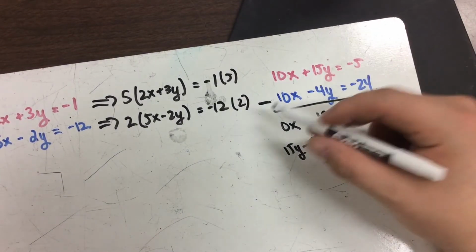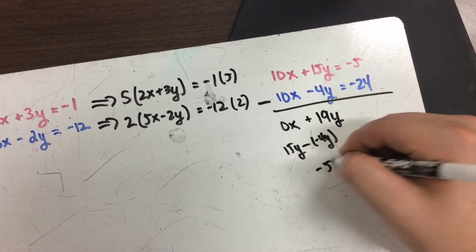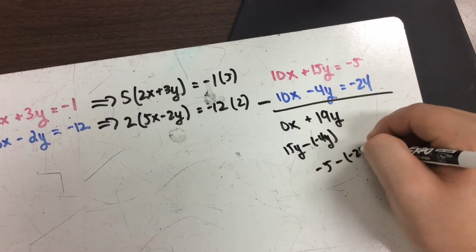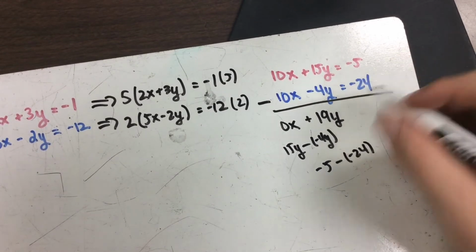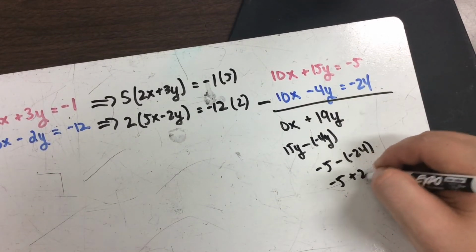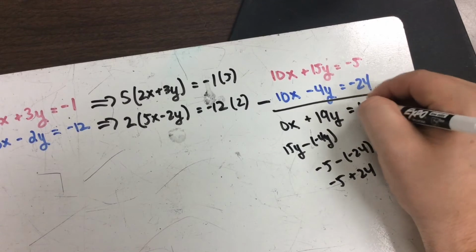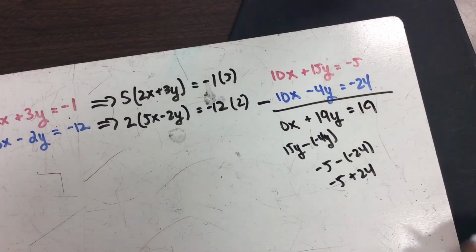Lastly, -5 minus -24 is going to give me positive 19. This is -5 plus 24. It'll be positive 19.